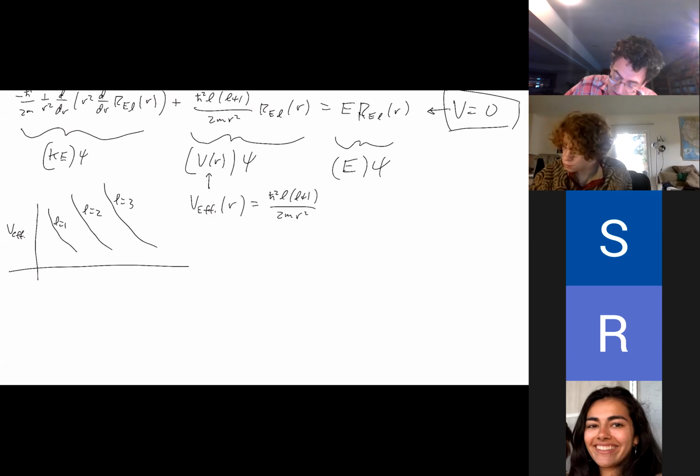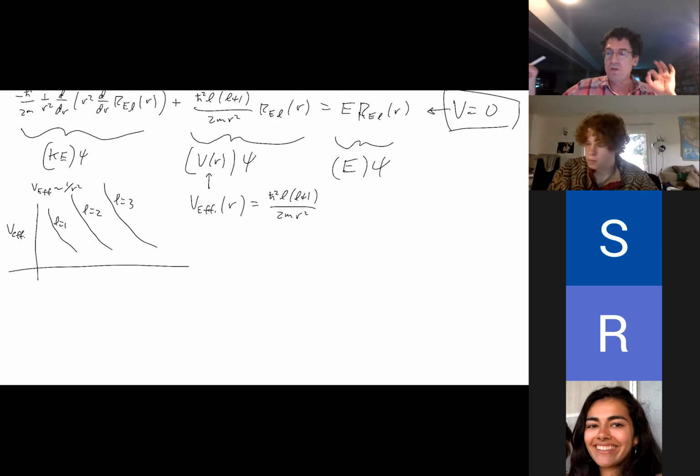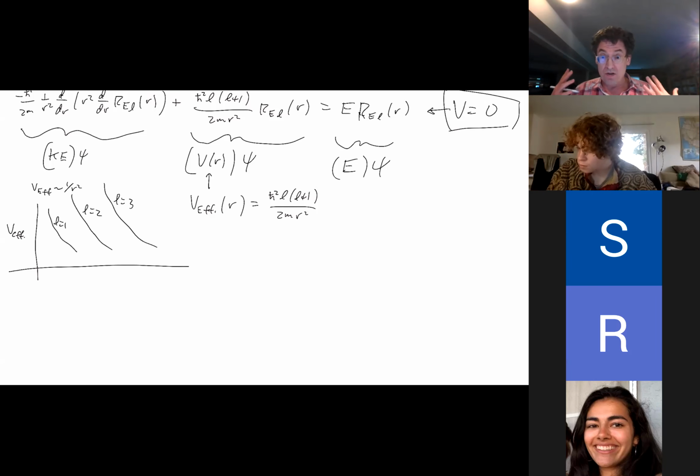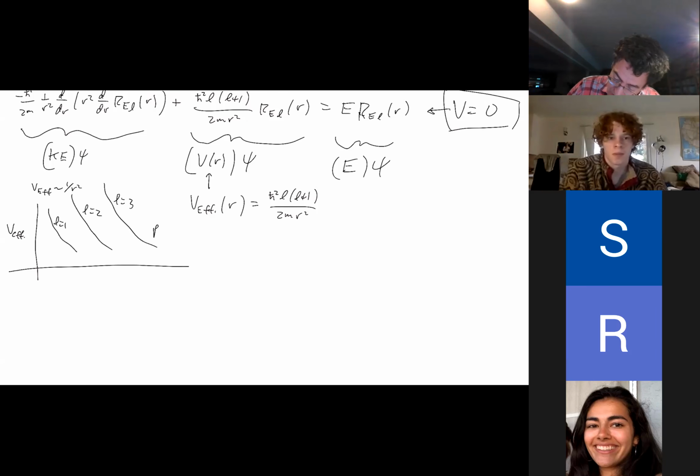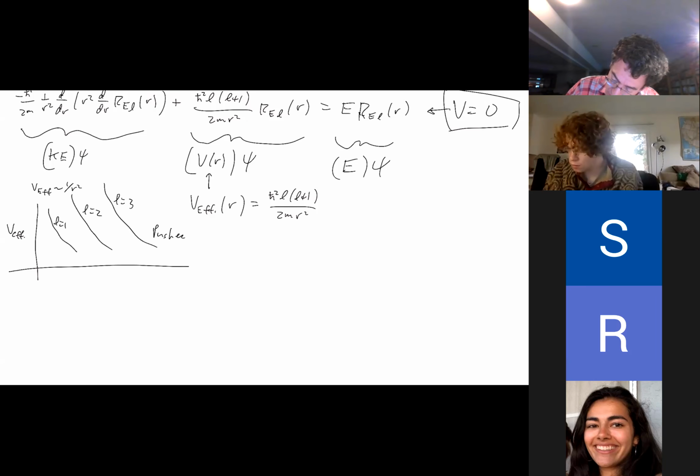It goes as 1 over r squared. It's a really strong potential. It goes up, and it means that the particle really does not like to go to the origin. It pushes the particle away from the origin.